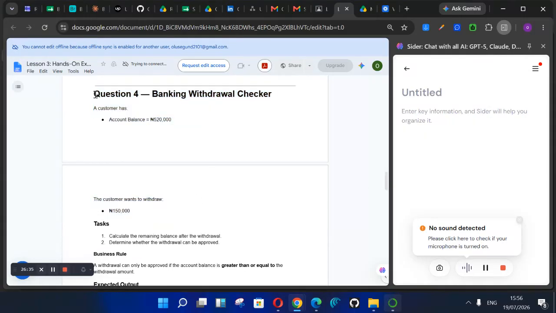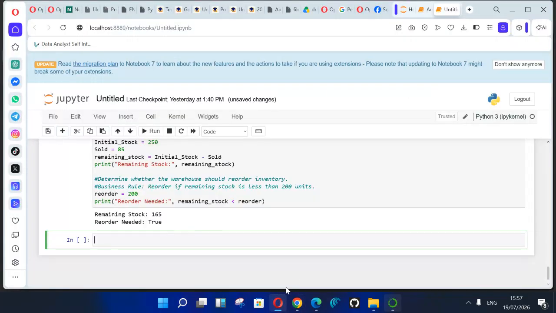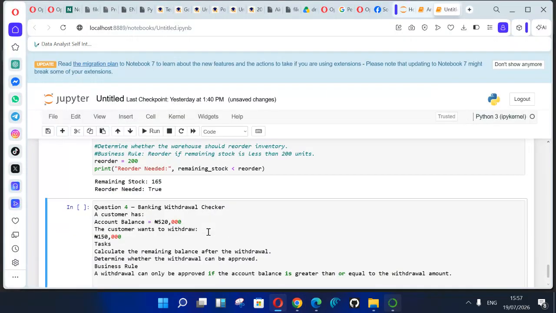So this is the question. So question 4. Okay, so if a customer has an account balance of, and the customer withdraws.